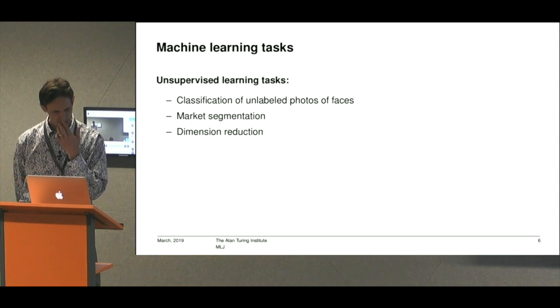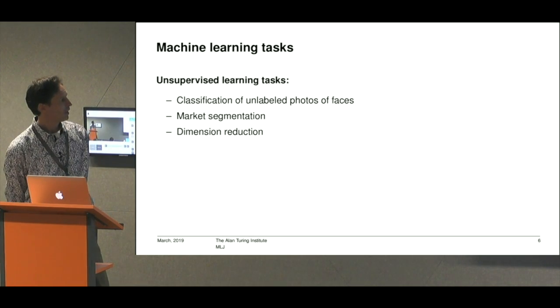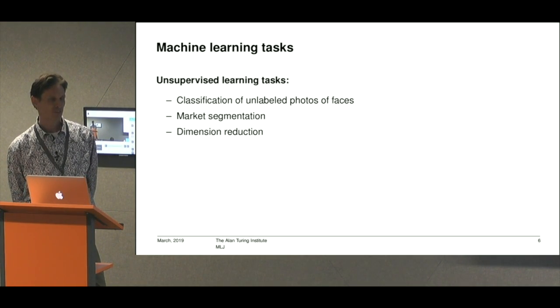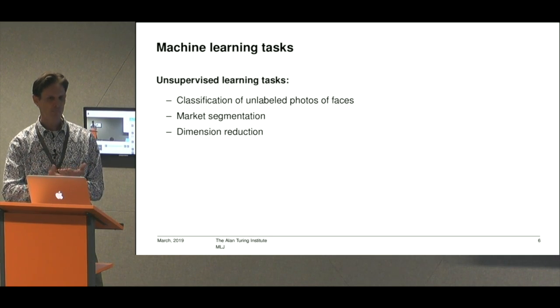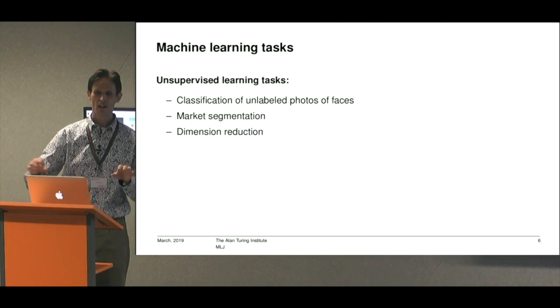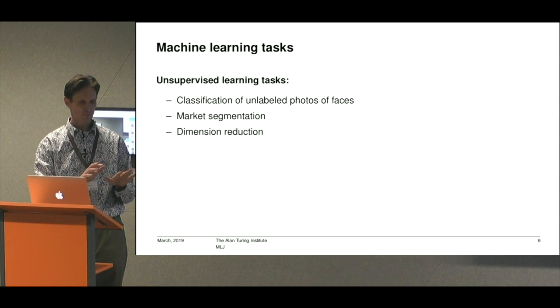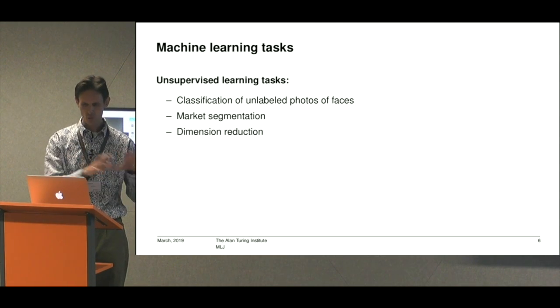The other kind of task in machine learning is known as unsupervised learning. A familiar example of that is, if you boot up your favorite photo application, you'll notice that nowadays your photos get classified into groups where the individuals that appear in the photos are grouped together.